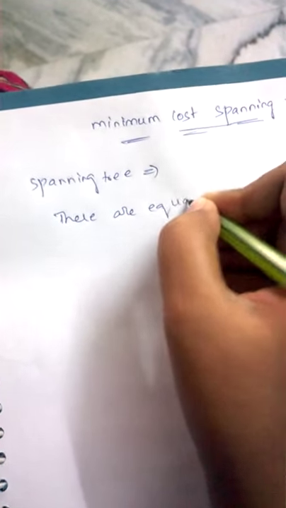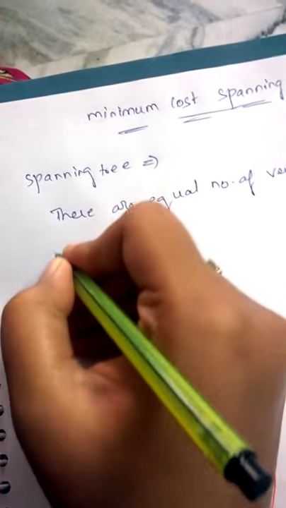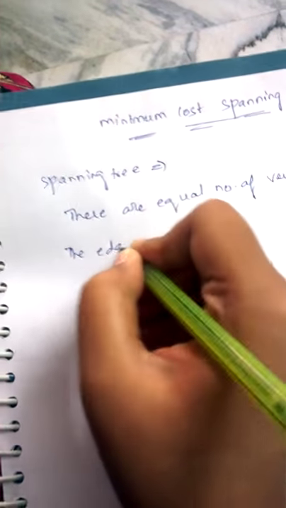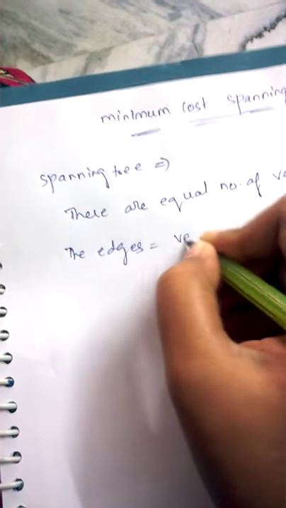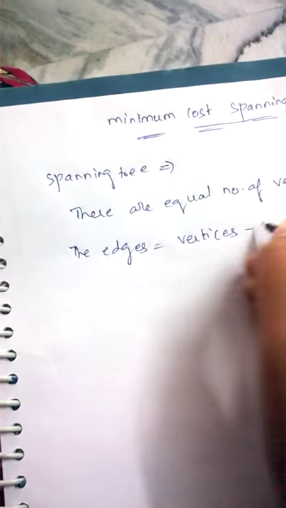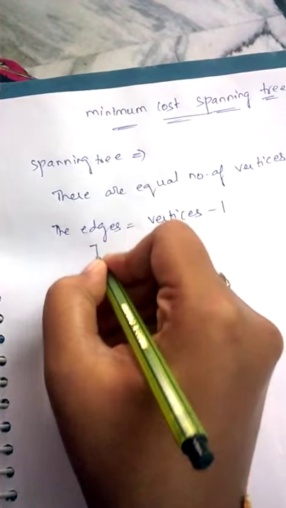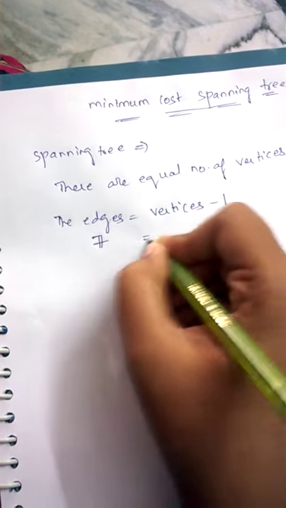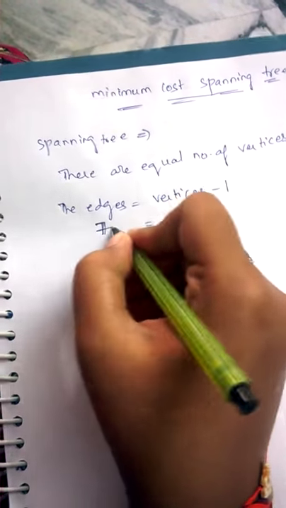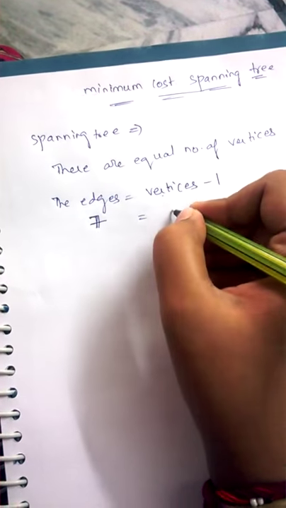The first condition is that the edges should be vertices minus 1. For example, if you have 7 edges, the vertices should be 8.